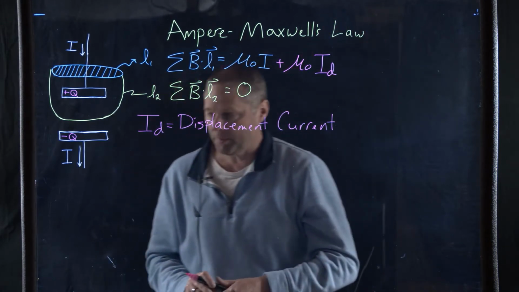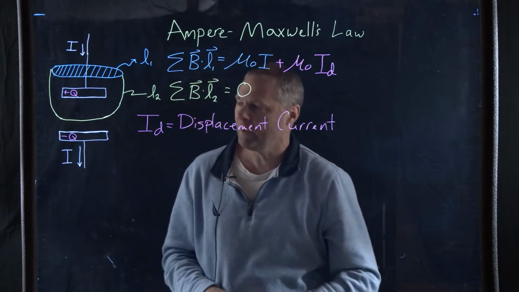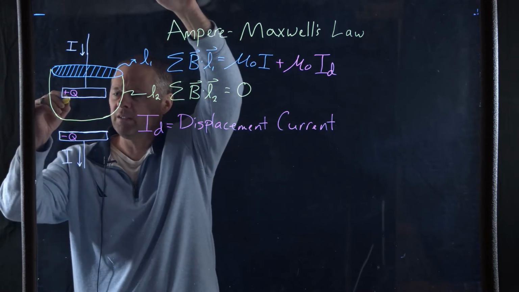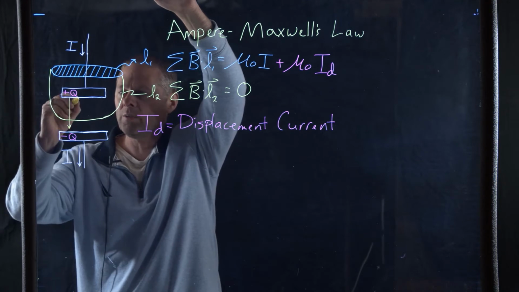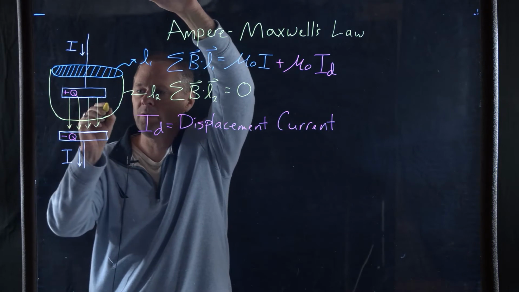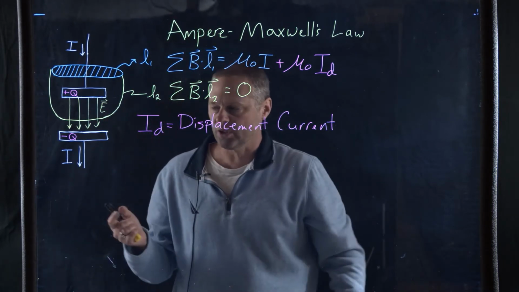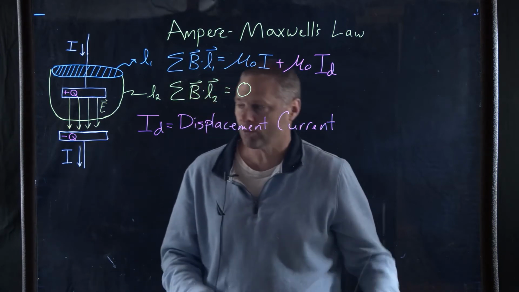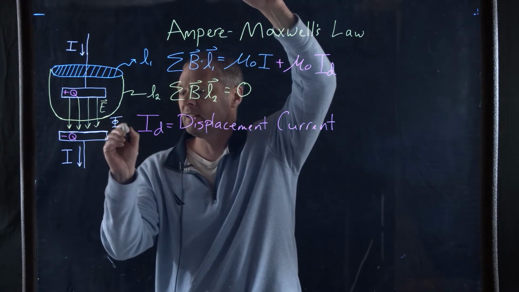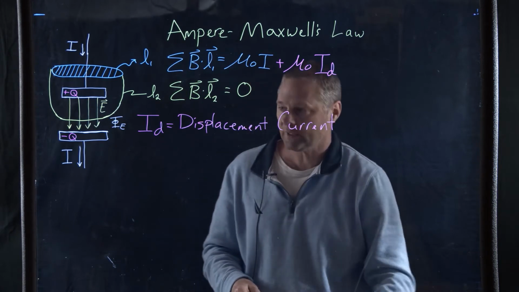So let's talk a little bit about what this displacement current really is. We can envision that there are going to be electric field lines going from plus Q to minus Q. These electric field lines are passing through a surface, and that should indicate to us that this is an electric flux.